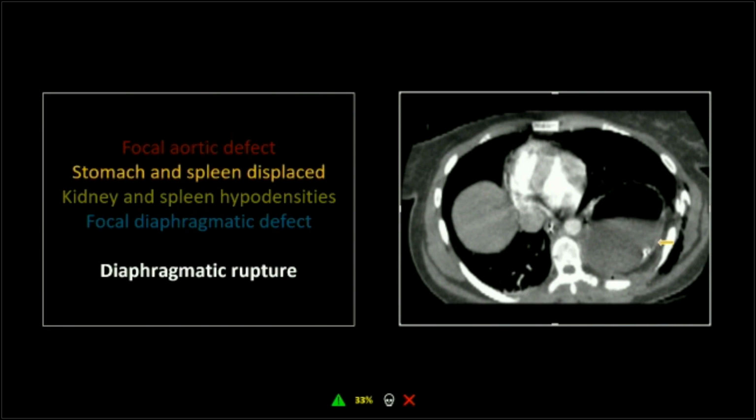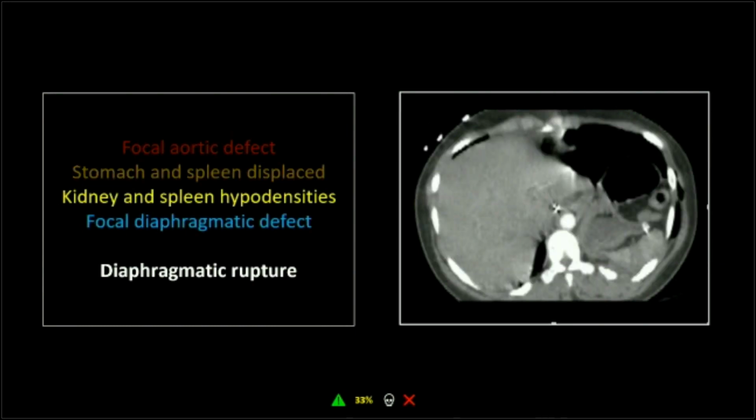So here you can see the stomach is elevated, the NG tube helping you to determine that that is in fact stomach up in the left hemithorax. And here is the spleen, which is showing a peripheral, well-circumscribed subcapsular hypodensity, suggesting there is an upstream vascular injury.